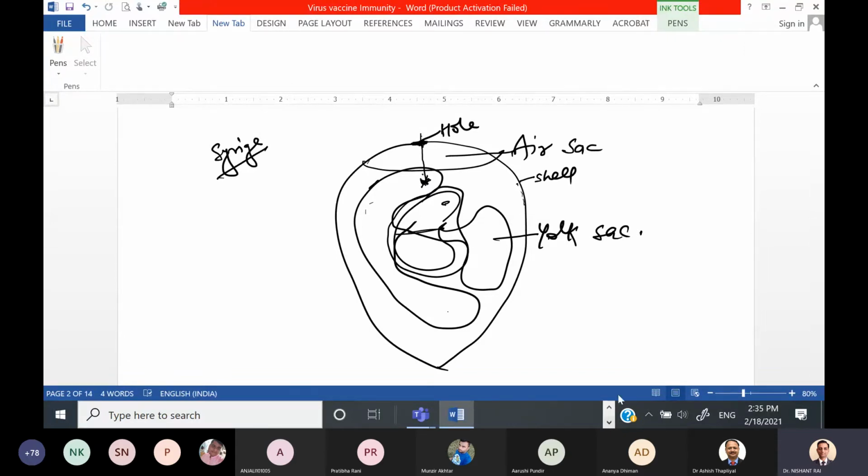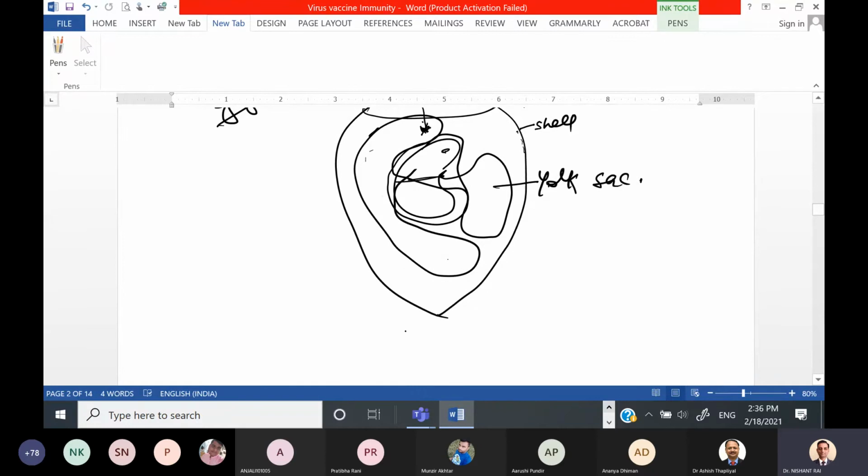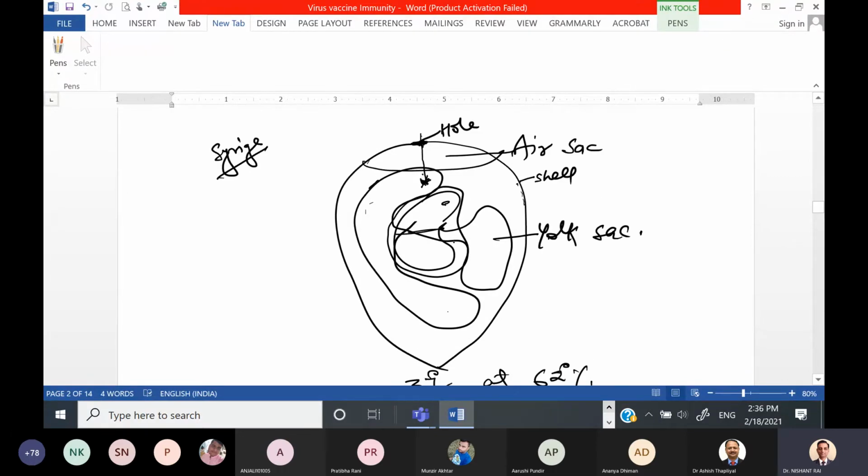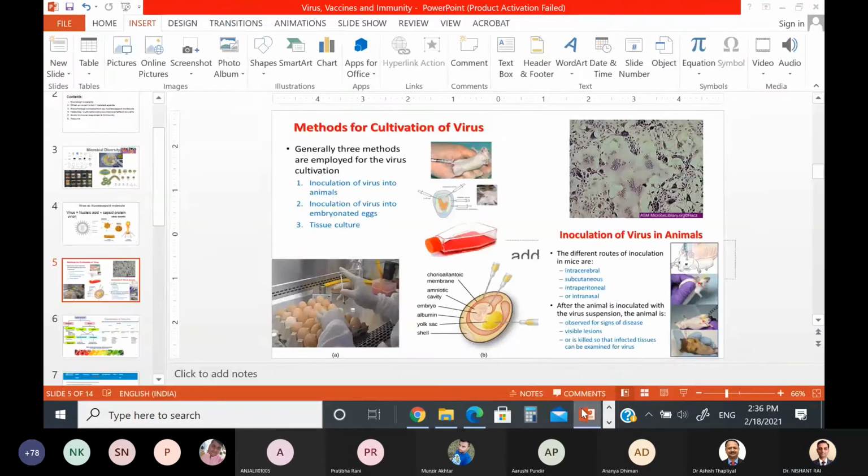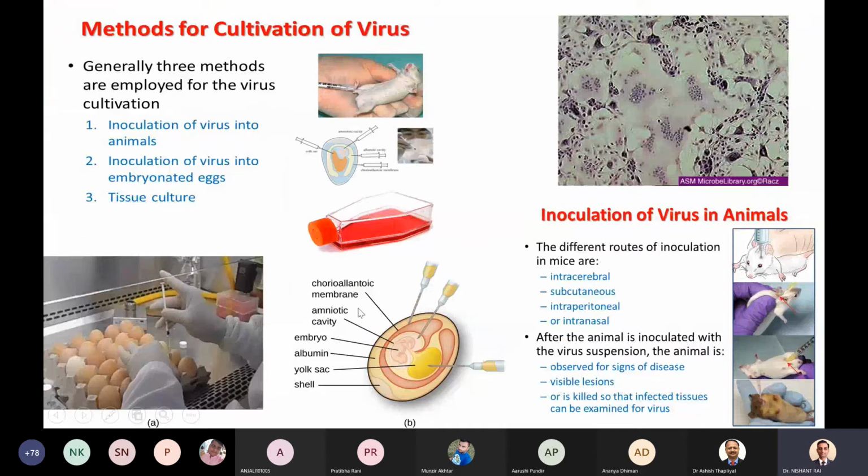And then we put this egg at 37 degrees centigrade at 62% humidity in an egg incubator. So it allows the virus to multiply at a particular site. This picture depicts how we can inoculate the virus.